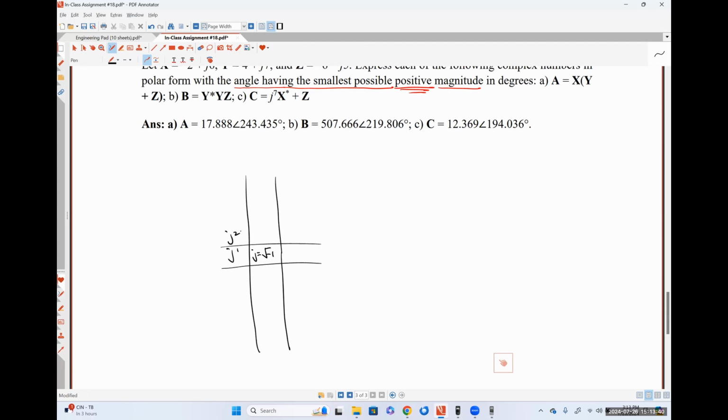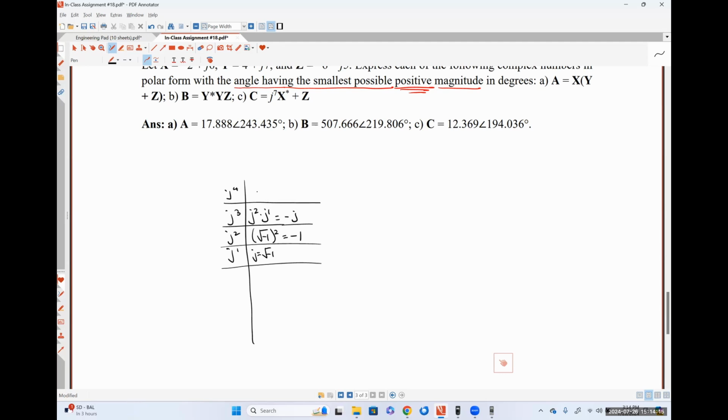Well, j to the 2nd power is then just the square root of -1 squared, which is just -1. j to the 3rd power is just j squared times j to the 1st power. So that's just going to be -j.